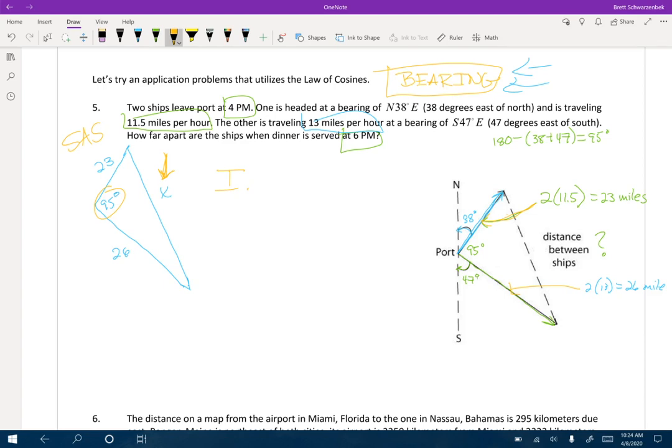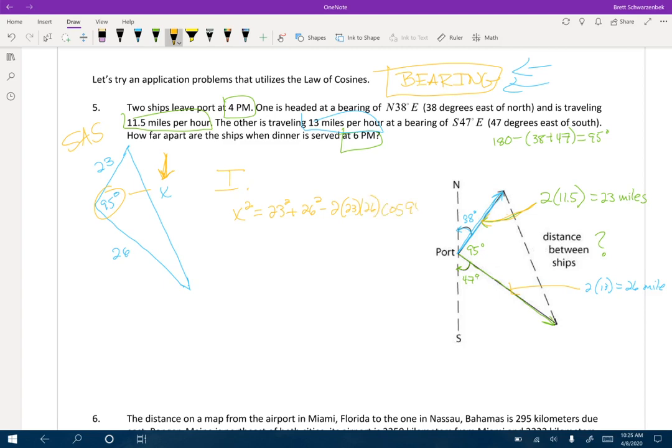So how do we set this up? We always take the side opposite the given angle, square it, and we do this other side squared, minus 2 times the product of the sides not squared, times the cosine of the angle.